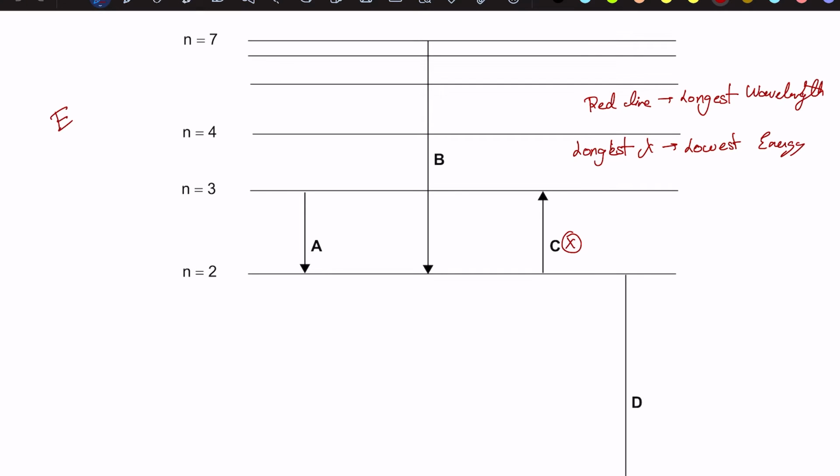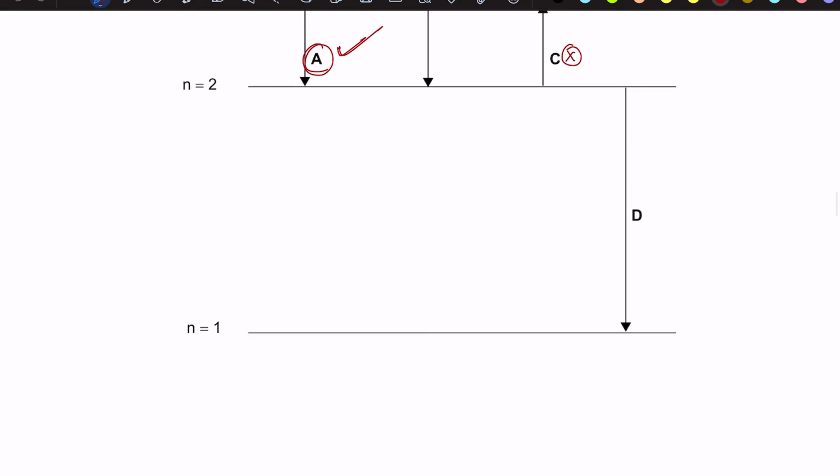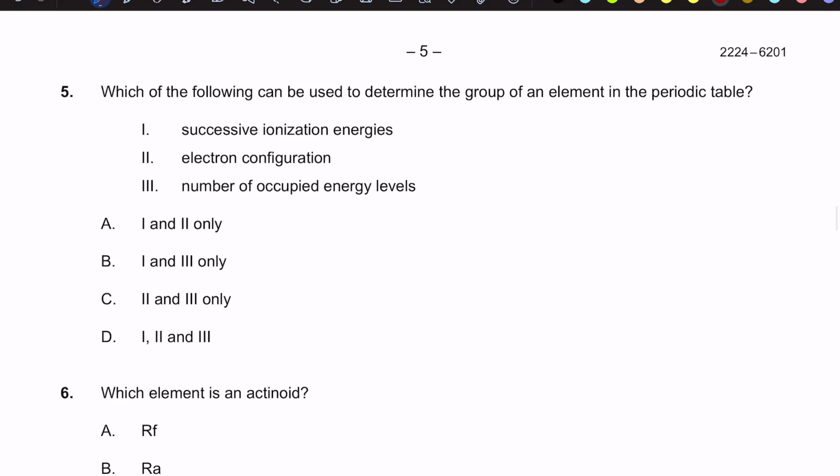Because E is equal to hc by lambda, right? If you have a very big wavelength, very big value of lambda, your value of E will be the smallest. Now between A, B and D, we see that in A, the energy transition is the least, between 3 and 2, right? So I can say A is the correct answer to this question. And that's all about this one. We can move on to the next question.